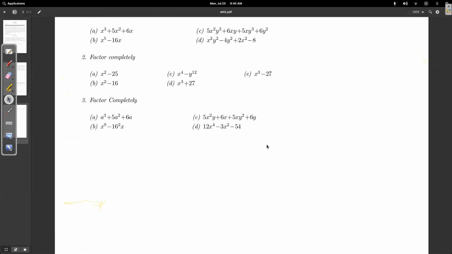Give me a minute to see. Can I divide it by 3?